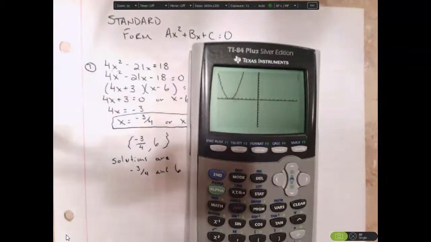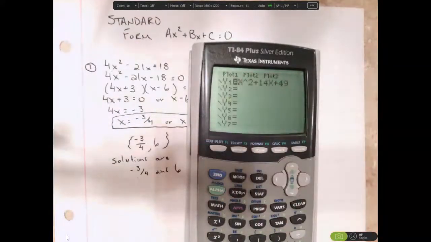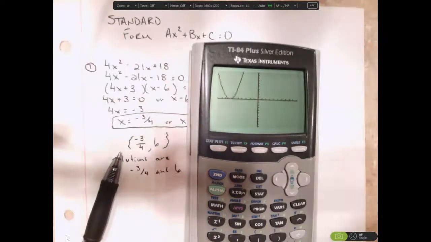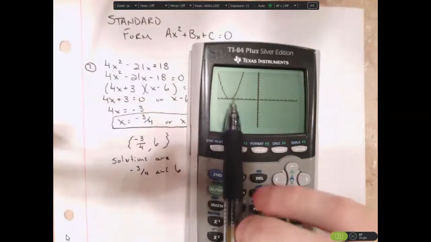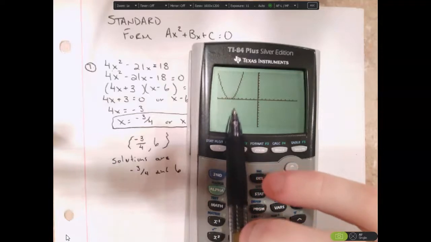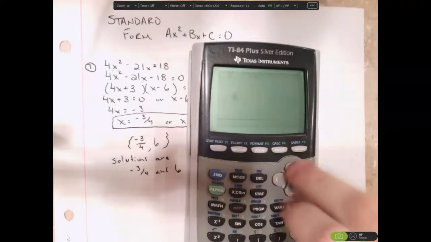To show you what that looks like on your graph, when you type this into your y equals and you end up with x squared plus 14x plus 49, when you go to graph, notice how the parabola only touches the x-axis at this one spot. And it touches it at that x equals negative 7.